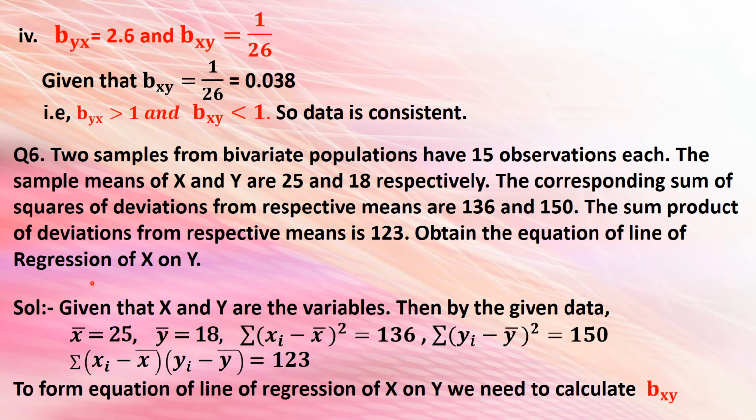And the product of deviations also is given, that is sigma (xi minus x bar) into (yi minus y bar) is equal to 123. Now to form the equation of line of regression of x on y, we need to calculate the coefficient bxy first.